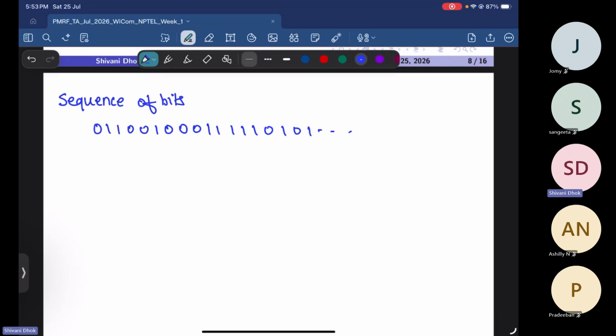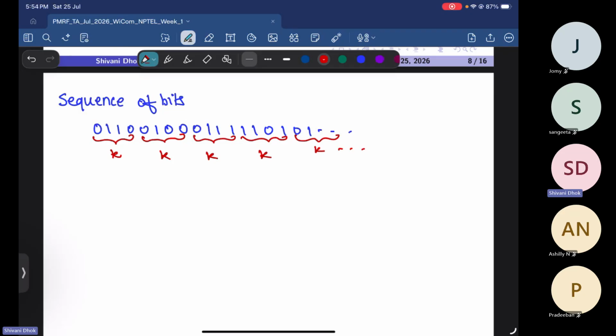For transmitting it, you need to mount these bits on some analog waveform, some carrier frequency. And to do that, first, we group these bits into, let's say, a length of k, and so on. And from these k bits, you get small sequences.